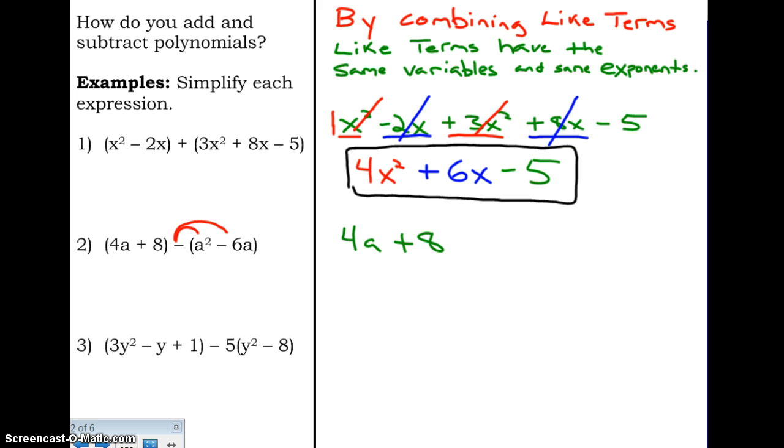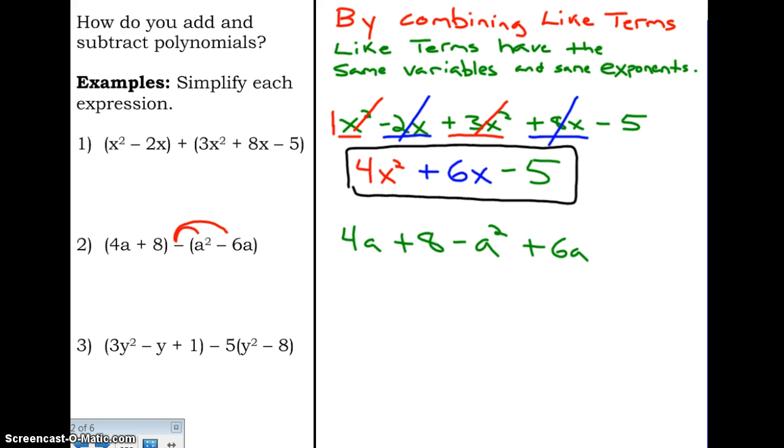So this is going to become minus a squared plus 6a. So what we just did was multiply each of those terms inside of the parentheses by -1. That's what the negative sign does. All right, so now we don't have any parentheses anymore. We're ready to go ahead and combine like terms.